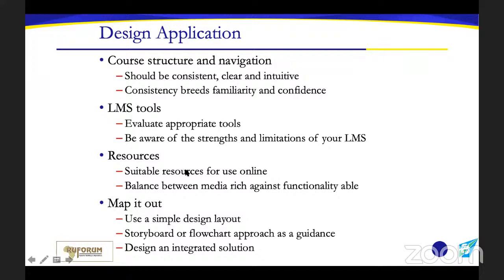Finding the right resources is important. You may want to get the students to go and extract more information, but where are you sending them? You can send them to an online course at MIT or Coursera or somewhere. Find the resource yourself, as the person sending the students there. Balance media richness against functionality. If you don't have a functionality that is able to give you what you want, avoid it.